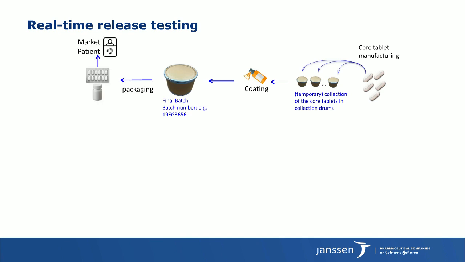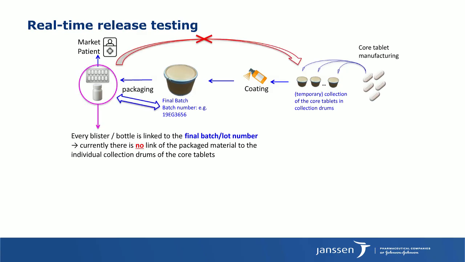Then we go to packaging, and the packaged material goes to the patient. When we do release testing, every blister or every bottle that we make is always linked to the final batch or lot number, but there is no link available between the blister and the temporary collection drums itself.